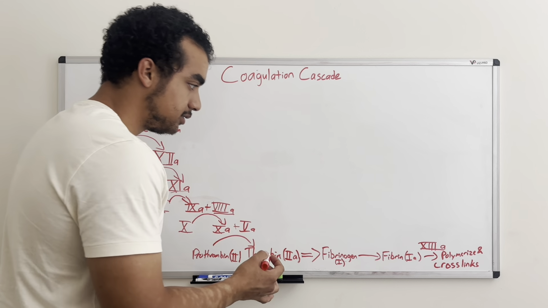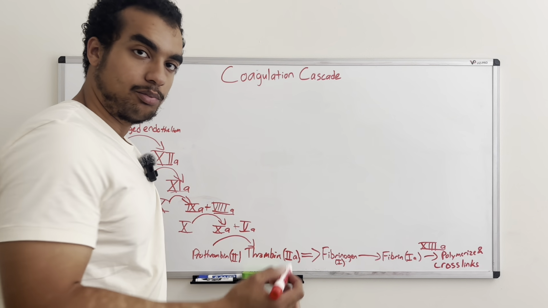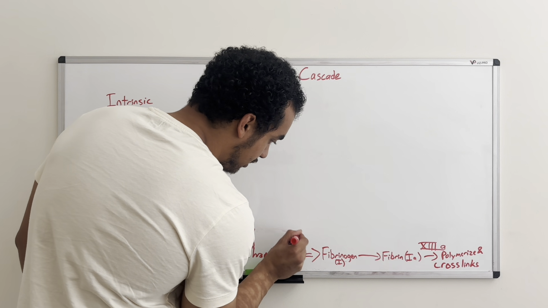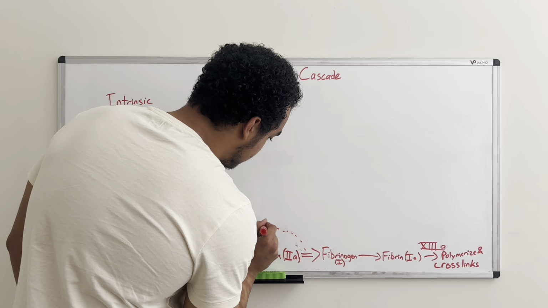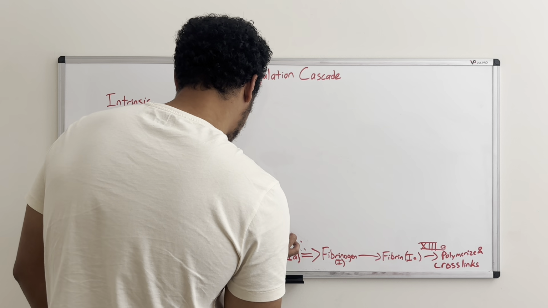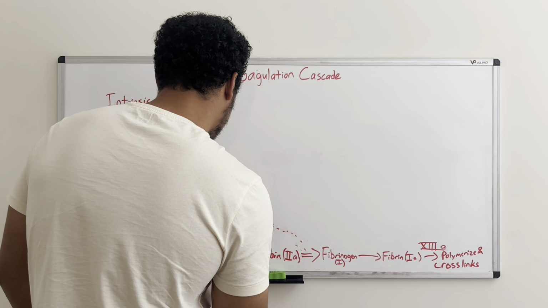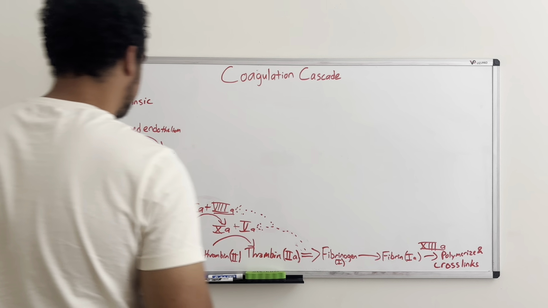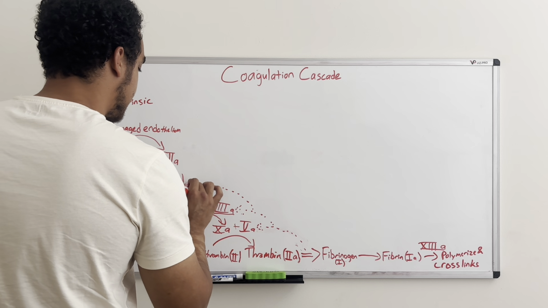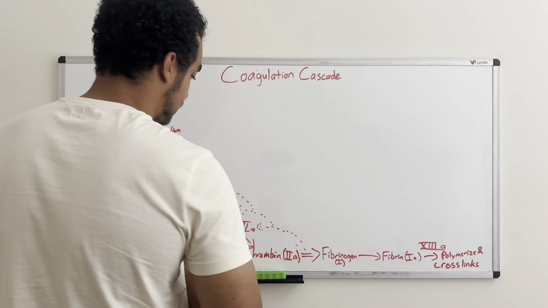But thrombin actually upregulates the three that we went over. Thrombin actually upregulates factors 5, it upregulates factor 8, and it upregulates factor 11.